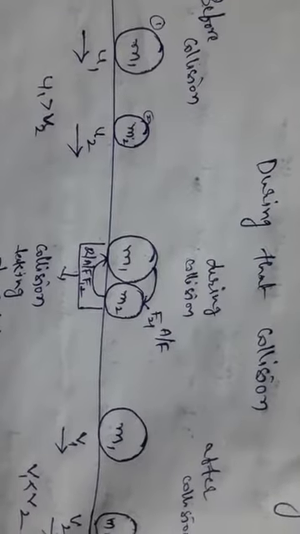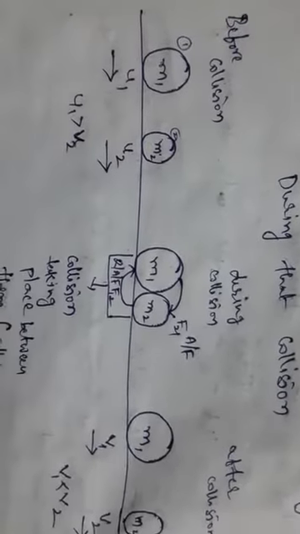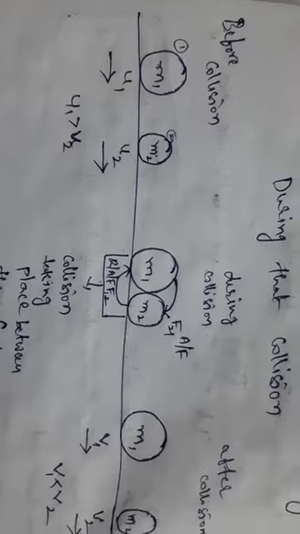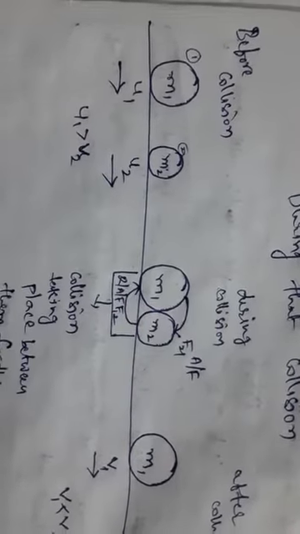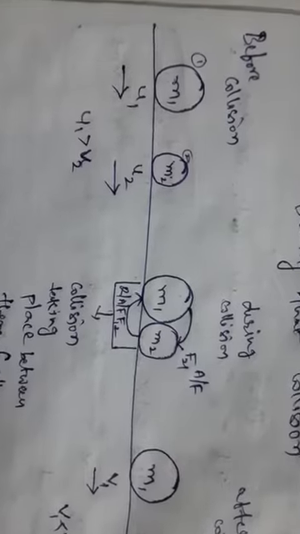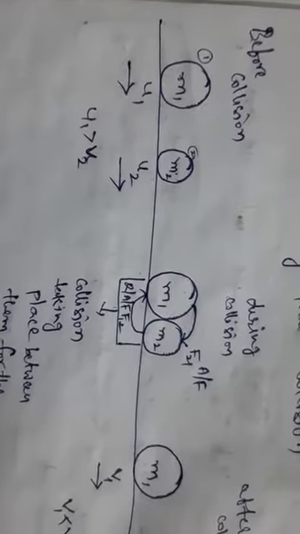An interaction takes place between these two objects. At that time, we know, according to Newton's third law, what will occur between two objects. Just remind yourself of Newton's third law. What is it?